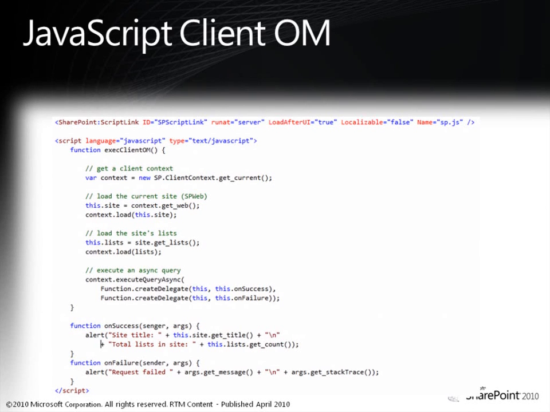In this case, we are assigning function delegates on success and on failure depending on the end result of the call. Notice also, for example, how we use different ways to access the object properties in the JavaScript client object model. In the on success function, we are using get underscore title to get information concerning the particular site's title.